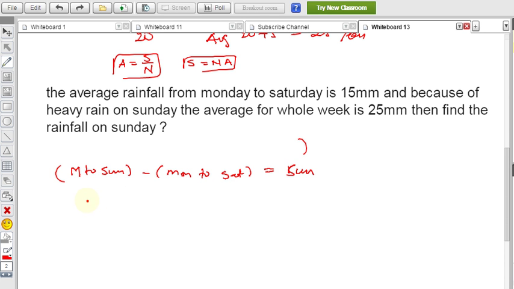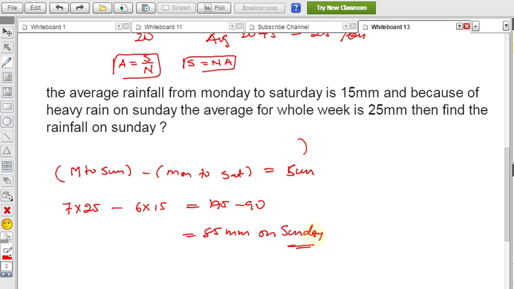So Monday to Sunday is 7 days into rainfall average 25, minus Monday to Saturday, 6 days average 15. So 7 into 25 is 175 minus 90. So we'll get 85 mm as Sunday's rainfall.